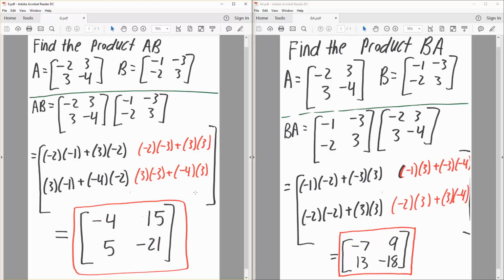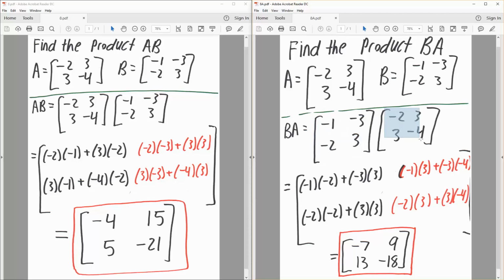Now we'll do another problem. We want to find the product BA. We're doing the same matrices, but we're doing the product of BA. It's important that we're doing BA, because I want to prove to you that BA will not equal AB. So the first 2 by 2 matrix will be B: -1, -2, -3, and 3.